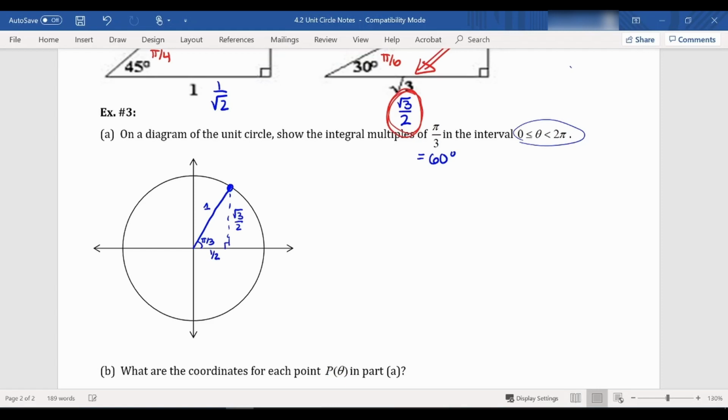That means the point on the edge, point P of pi over 3, is equal to x, which is 1 over 2, comma y, root 3 over 2. So P of pi over 3 is equal to 1 over 2, comma, root 3 over 2.